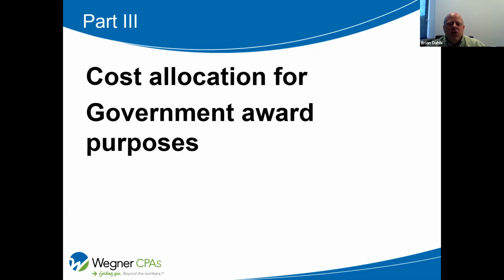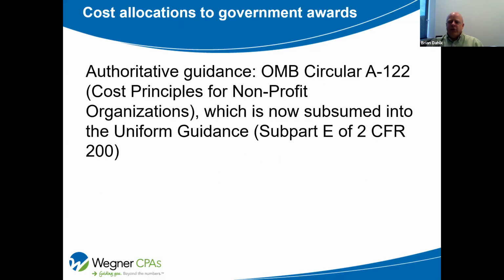Now we're going to move on to cost allocation for government award purposes, which is one of the areas I know that people are most concerned about. The authoritative guidance for many years was this publication put up by the government called the OMB Circular A122, Cost Principles for Nonprofit Organizations.